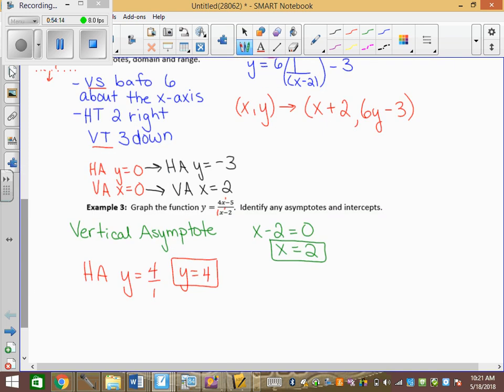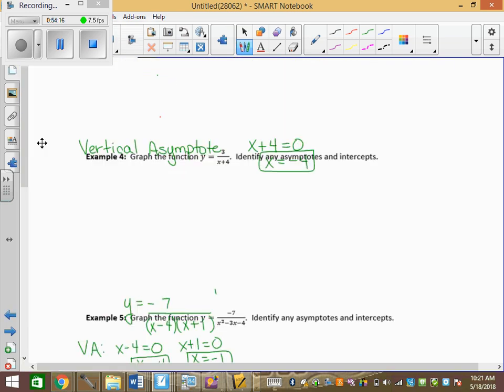Okay, so this one, what is the degree of the numerator? 0. And the degree of the denominator? No, what is it every single time? 0. Horizontal asymptote, y equals 0.